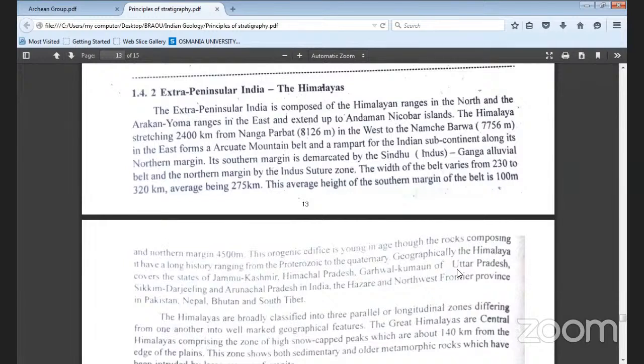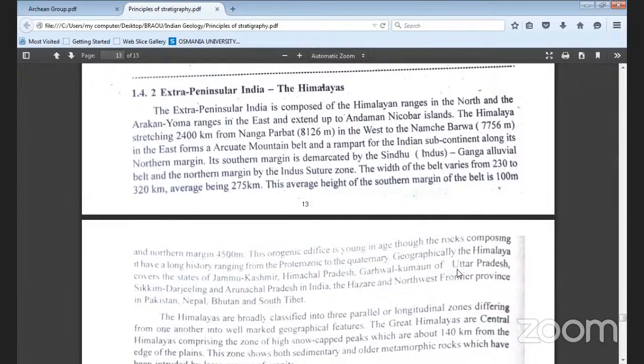Its southern margin is demarcated by the Sindhu-Ganga alluvial belt and the northern margin by the Indus suture zone.